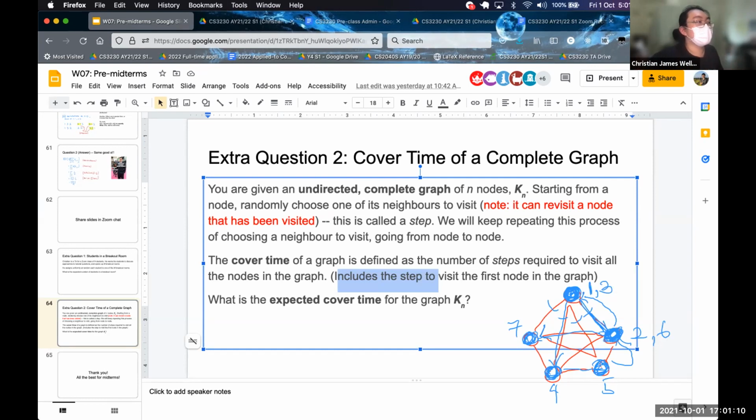Someone is asking me whether we are expected how many times we hop until we visit every node. Exactly, that's the definition of the cover time: the number of steps required to visit all the nodes in the graph. No problem.